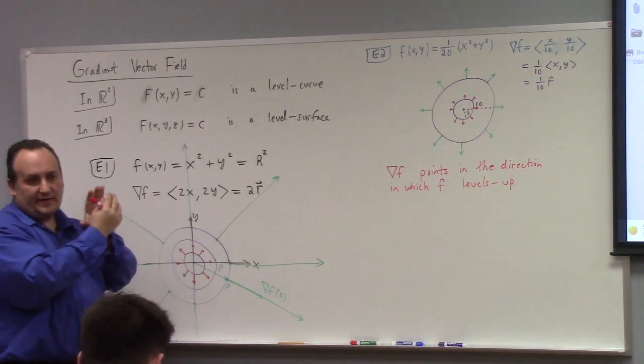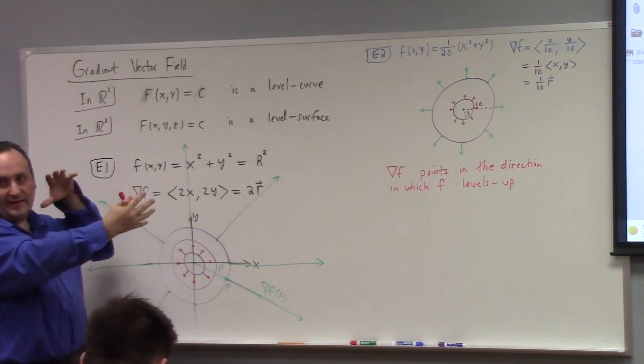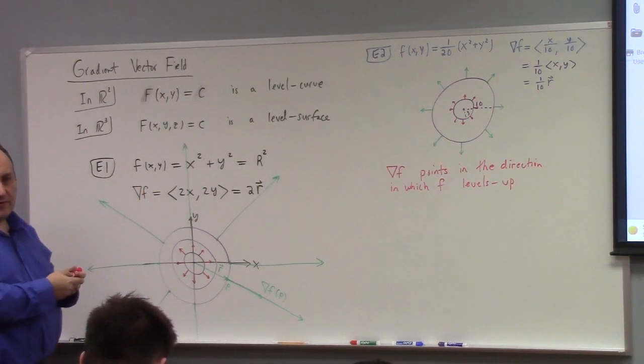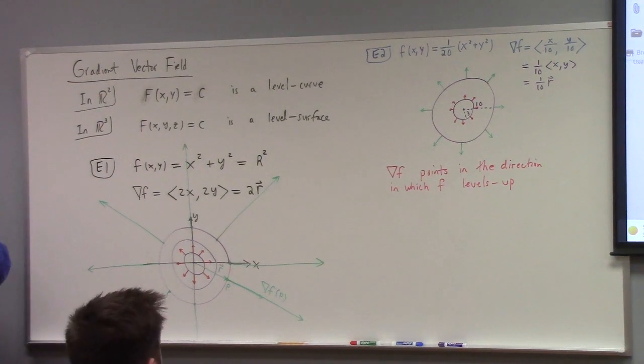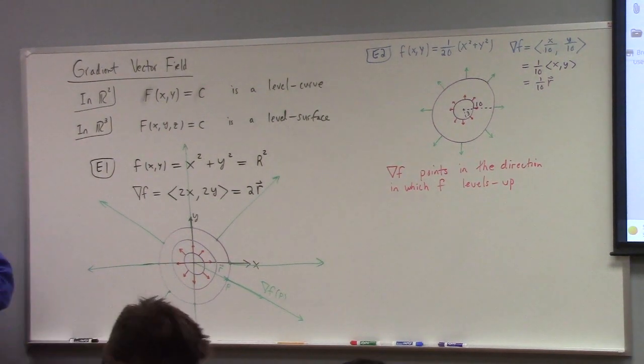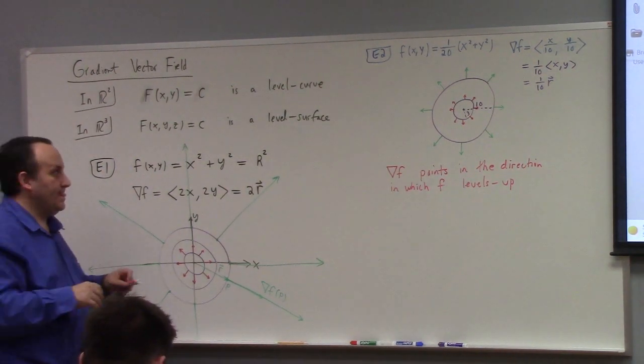So the gradient vector is pointing in the direction in which you're finding larger level curves. Did you see that? It's pointing out where r squared is getting bigger and bigger and bigger. Okay?